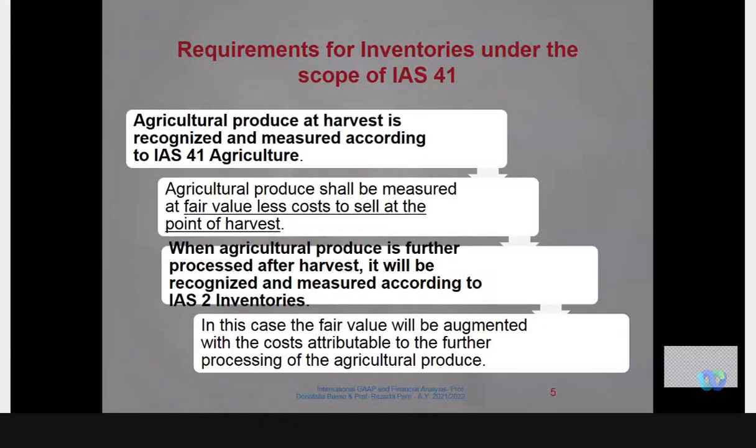Another thing that we have to remember is that in the case that we use agricultural produce to convert it to something else, that is, to produce something else, the fair value that we initially considered as a base of valuation and cost recognition for agricultural produce will be augmented with the costs attributable to the further processing of the agricultural produce.